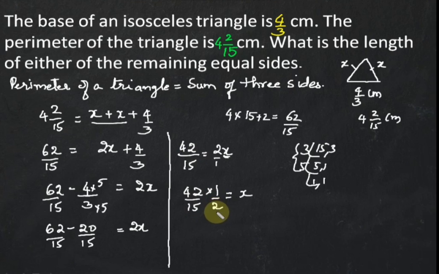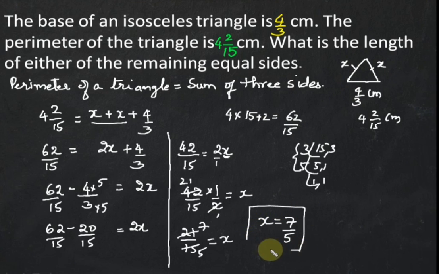So 2 times 2 ones are 2 and 2 times 21 is 42. So 21 by 15 is equals to x. So यहाँ पे जो value of x होगी that is 7 by 5. So x is what? 7 by 5. So the remaining equal side value is 7 by 5.